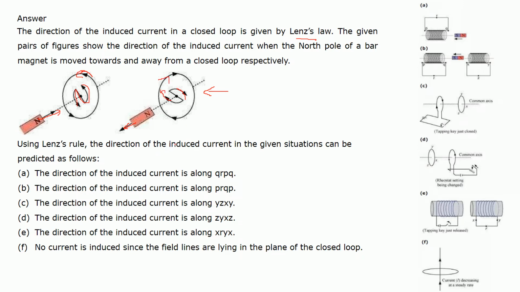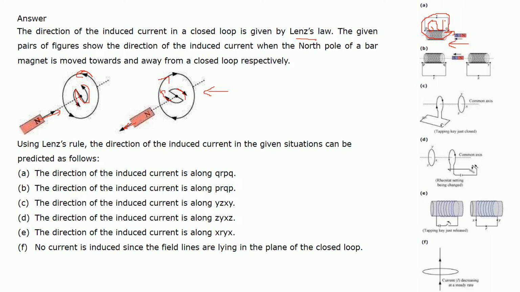So we'll use Lenz's law, and the direction of the induced current in this situation we can predict here. What will be the direction? See, we are bringing it. When we are bringing it, the direction of induced current will be along QRPQ, like this. So it is going to make a north pole, like this, right?